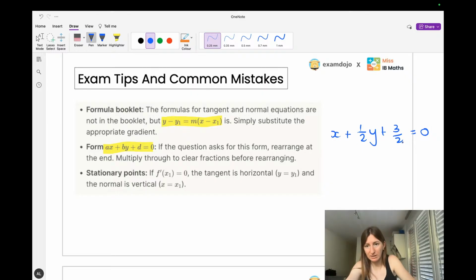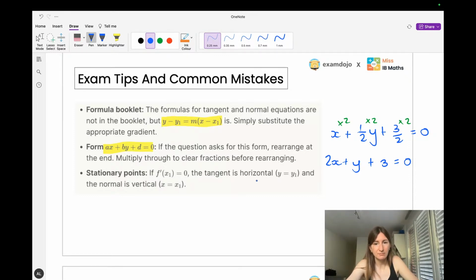So they all have denominators of 2. So I need to multiply through every term by 2 to get rid of those denominators, to get rid of those fractions. So then I'll get 2x plus y plus 3 equals 0. Now it's in standard form. This isn't standard form. It can't have any fractions. So just clear fractions by multiplying through.